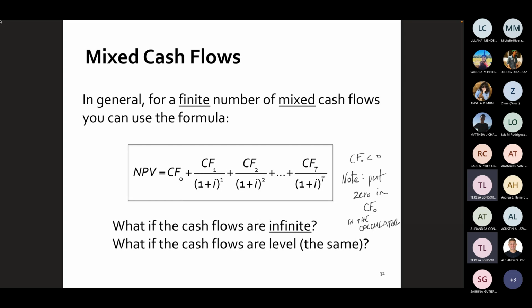In that case, we need a better method. A calculator is not going to suffice, because we'd be entering values till the end of time. So another question is, can we have a simpler way of doing this if the cash flows are the same amount and not mixed? That's what we're going to deal with next.